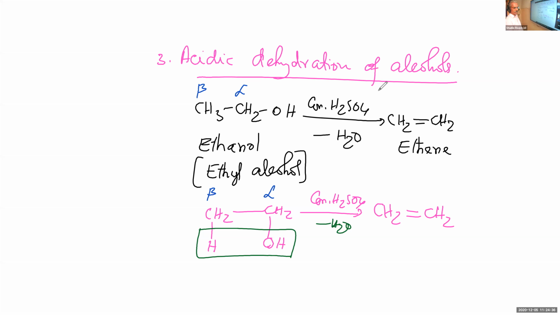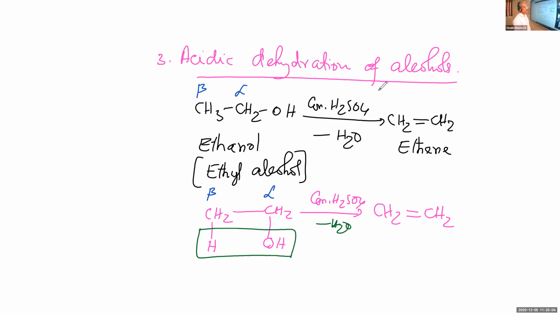That is the third method. We have taken only three methods, so try to remember these three methods, especially the beta elimination reaction. That is highly needed for the second year: beta elimination of alkyl halides or beta elimination of alcohols.